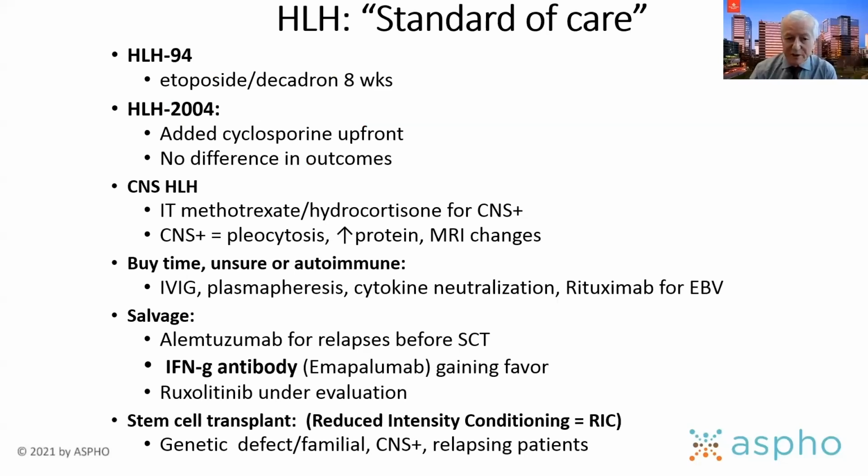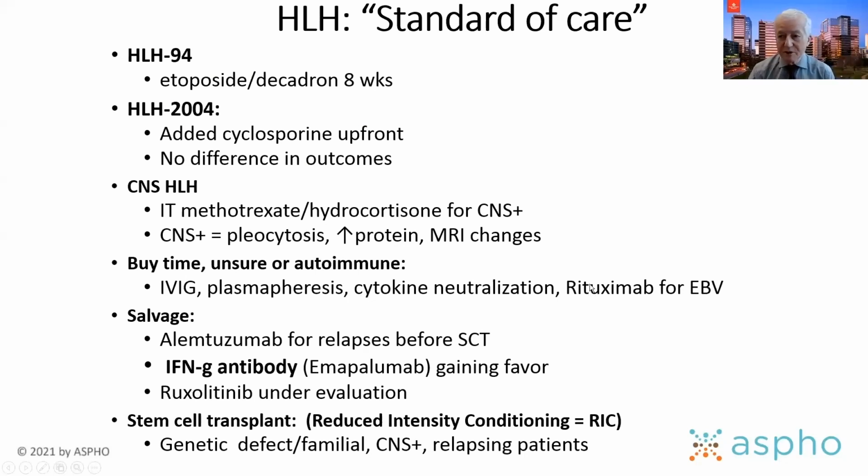Intrathecal methotrexate and hydrocortisone are needed for those patients with CNS involvement, and that can be symptoms or evidence on the LP or the MRI changes. Sometimes if you're not sure whether the patient has HLH and you want to buy some time, giving them IVIG, plasmapheresis, or neutralizing cytokines can be helpful.